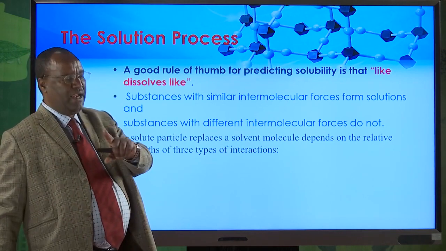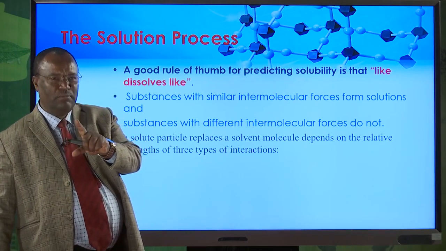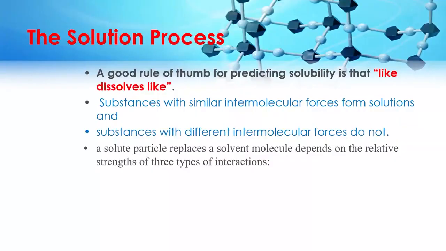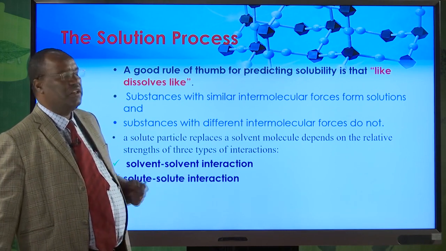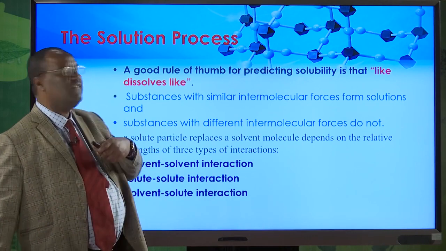There must be similar intermolecular force of attraction between the solute and the solvent for the solution to be formed. So solid particles replace a solvent molecule depending on the relative strength of three interactions. What are the three interactions? Solvent-solvent interaction, solid-solid interaction, and solvent-solid interaction.